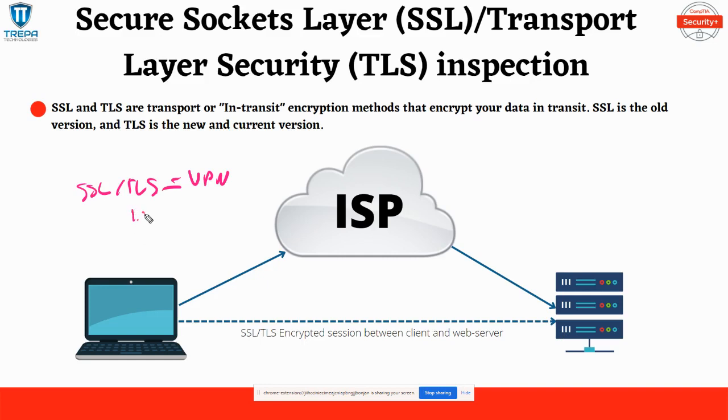TLS 1.2 and 1.3 are the most secure versions, with 1.3 being the most secure. 1.1 is outdated and non-secure. And remember, these are TLS versions here. SSL is completely outdated, and if you are still using SSL, you might as well not use any encryption at all. So the best protection in the TLS encryption suite is going to be 1.2 and 1.3.